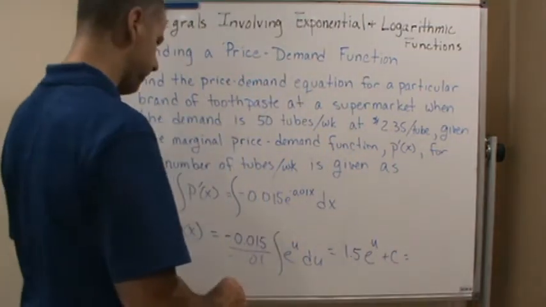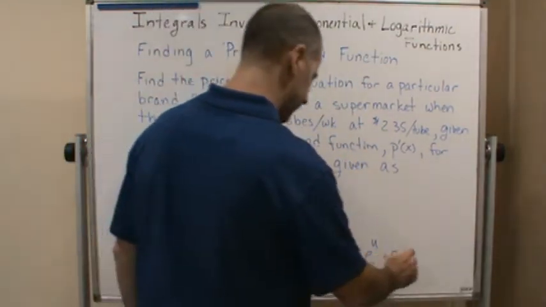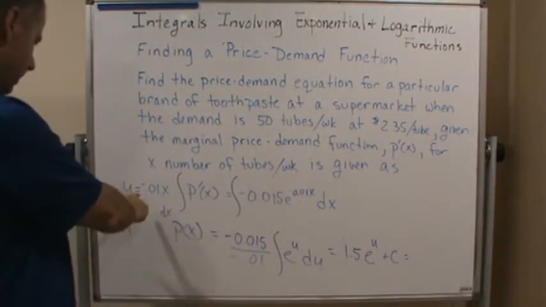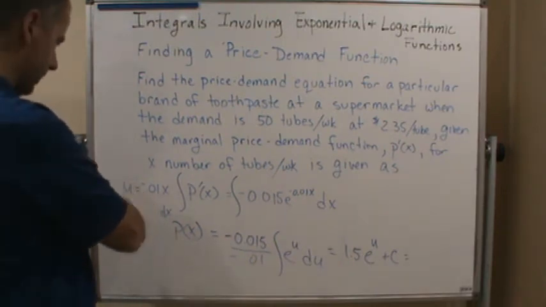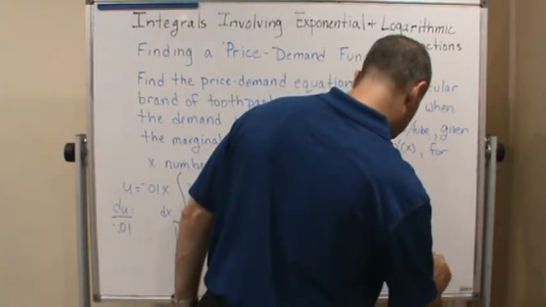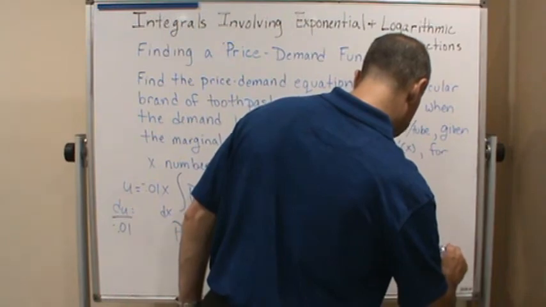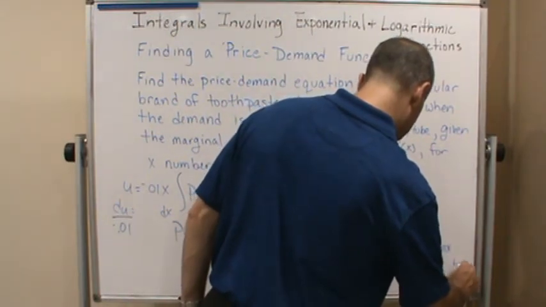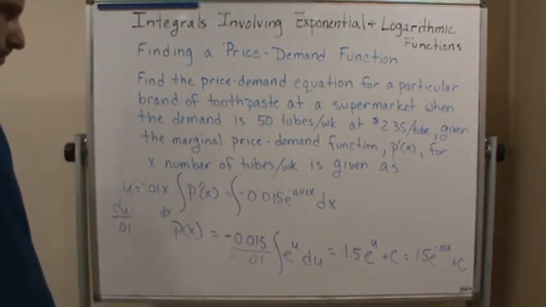And so our function is going to end up being what? Well, we have to put back in for x. Our u is negative 0.01x. So this becomes 1.5 e to the negative 0.01x plus the constant of integration.